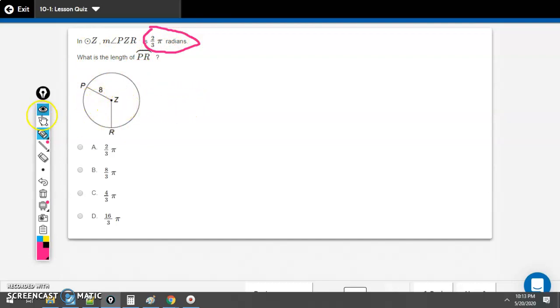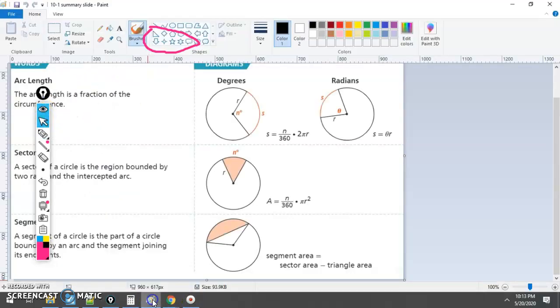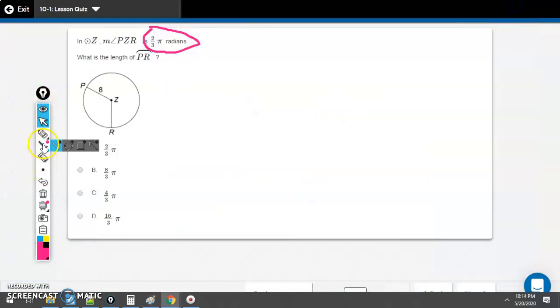All right, now let's see what formula we use to figure out length if we know the angle in radians. Go back to this helpful handy sheet. Look, radians, we're going to just do S equals theta R, where theta is equal to the angle. So in this particular problem, S is equal to length. I don't know why they use S for length.